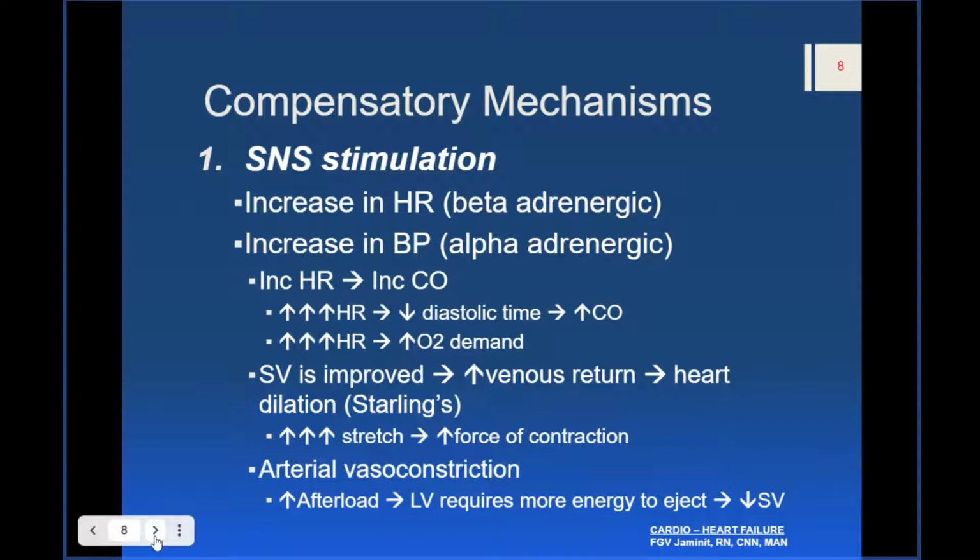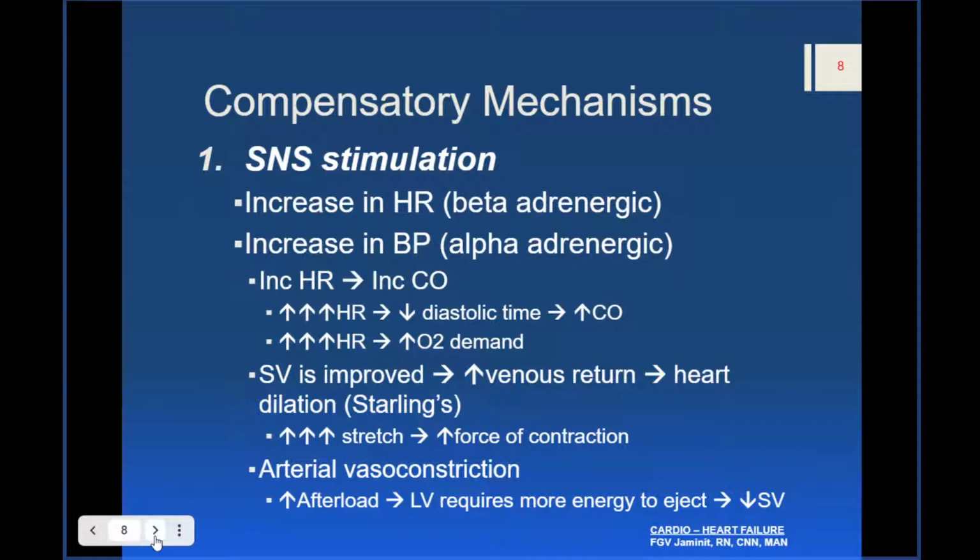When we multiply that, that is the total cardiac output. Imagine the heart rate is 110, then you multiply it by the stroke volume of 70. It will also increase. So therefore, an increase in the heart rate means an increase in the cardiac output.